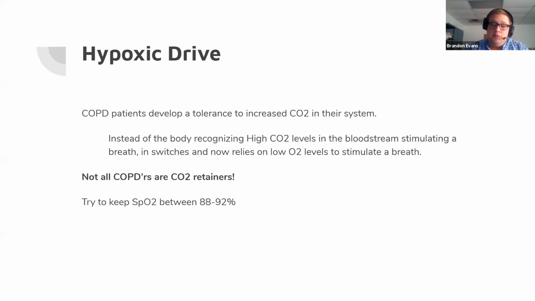Well, first thing is, not all COPD patients are CO2 retainers. So that's something that we need to keep in mind. So what happens with COPD is, over time, you're not fully exhaling your full breath, that obstructive disease, and you have a buildup of carbon dioxide in your system. So we're going back to those barometric pressures and that millimeters of mercury.